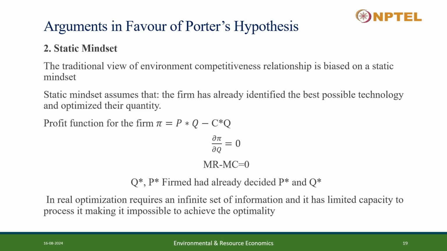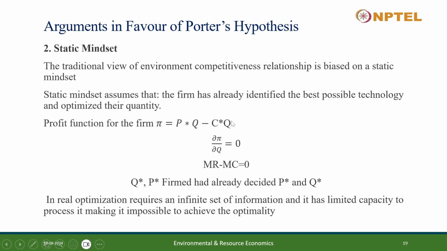And then the second argument is that in the traditional view of environment and competitiveness, the relationship is biased. That is called a static mindset. Here we always assume that this is the profit function. The profit function is given by P into Q minus C into Q. P is the price which we are getting, and C is the cost of production.